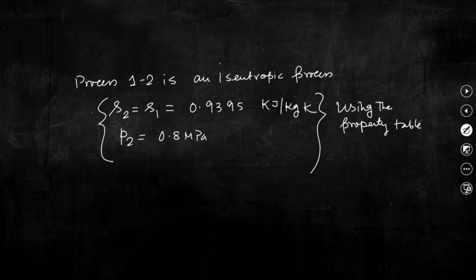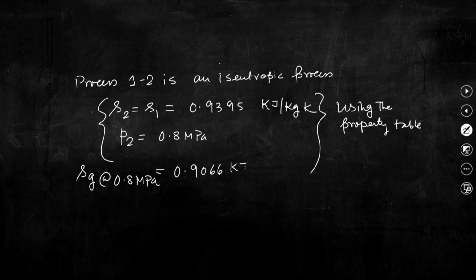We can calculate Sg corresponding to this pressure 0.8 MPa, and that is equal to 0.9066 kilojoule per kg Kelvin.